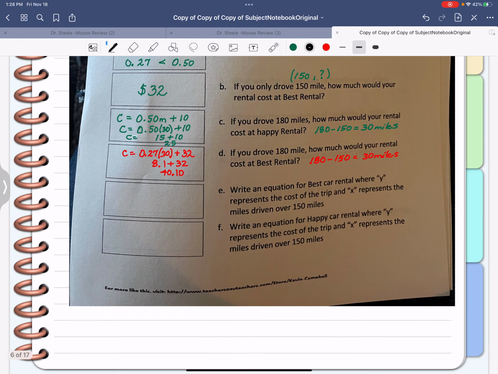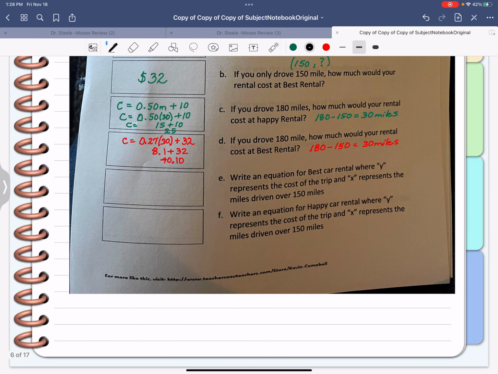All right. E says to write an equation for best car company rental where Y represents the cost of the trip and X represents the miles driven over 150.